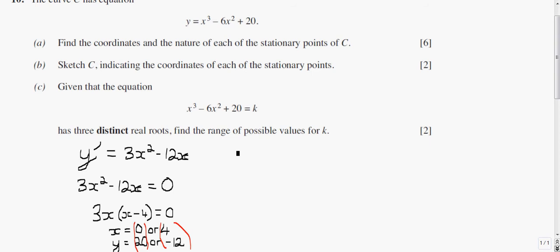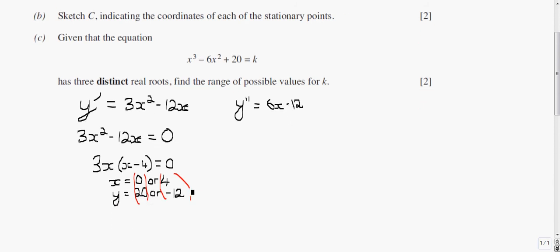So the second part of the question was to find the nature of these stationary points, and to do this we take the second derivative, which is going to equal 6x minus 12. And then we plug in our x values.